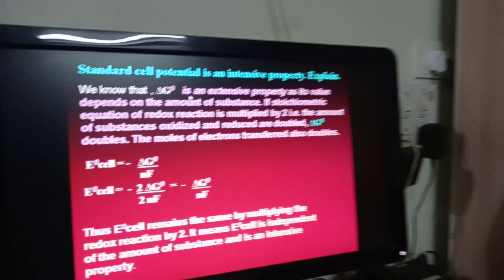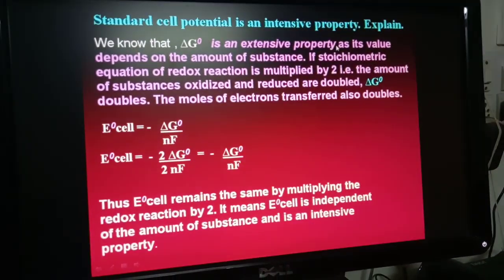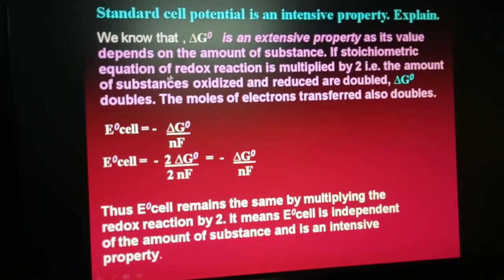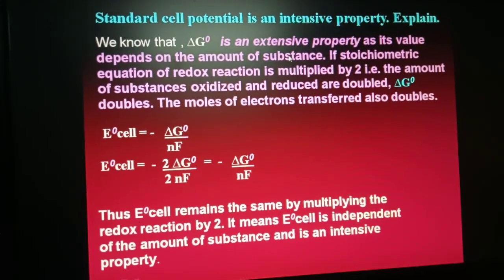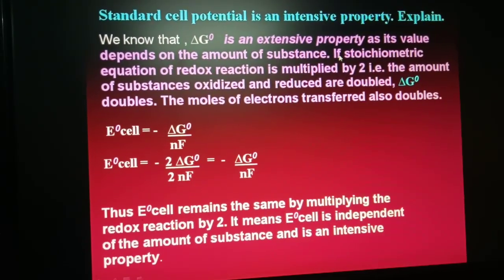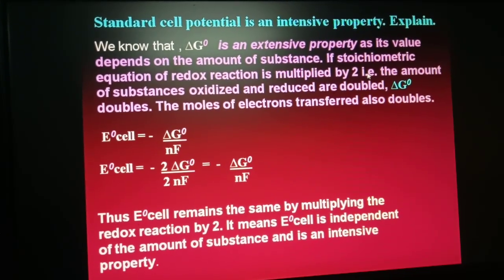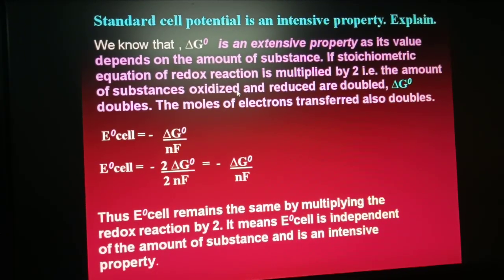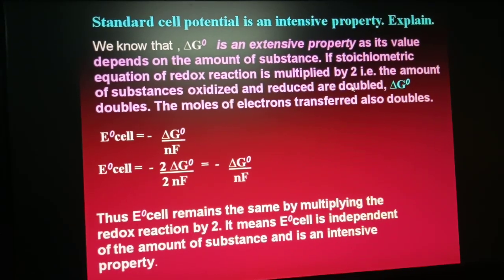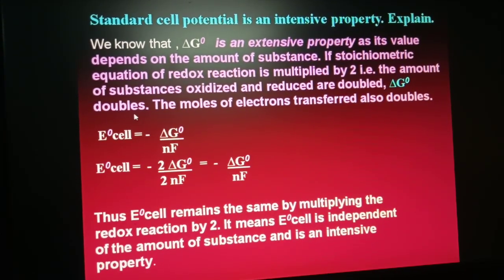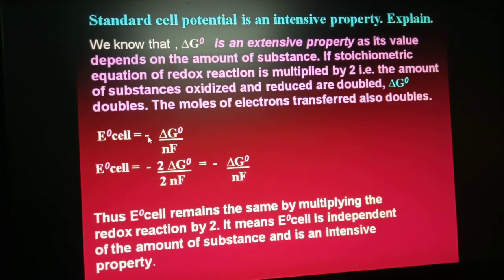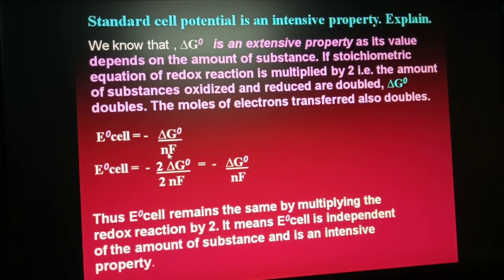Now let us see, delta G0 is an extensive property. Why? Because its value depends on the amount of substance taken. If the stoichiometric equation of a redox reaction is multiplied by 2, that is, the amounts of substance oxidized and reduced are doubled, delta G0 also doubles. So the moles of electrons transferred also will double. So E0 cell is equal to minus delta G0 upon nF.